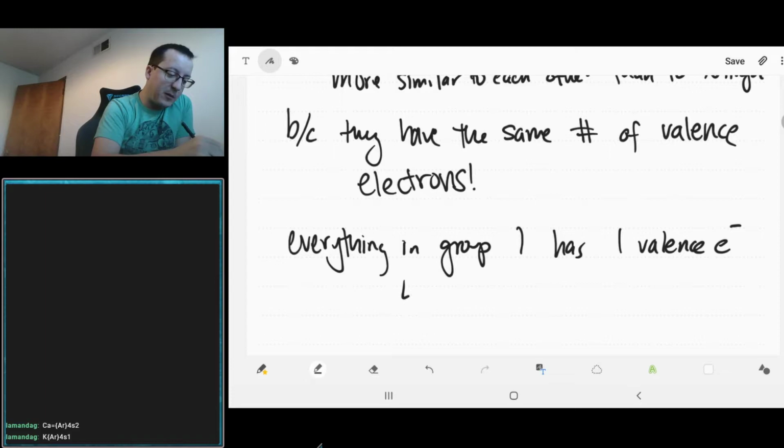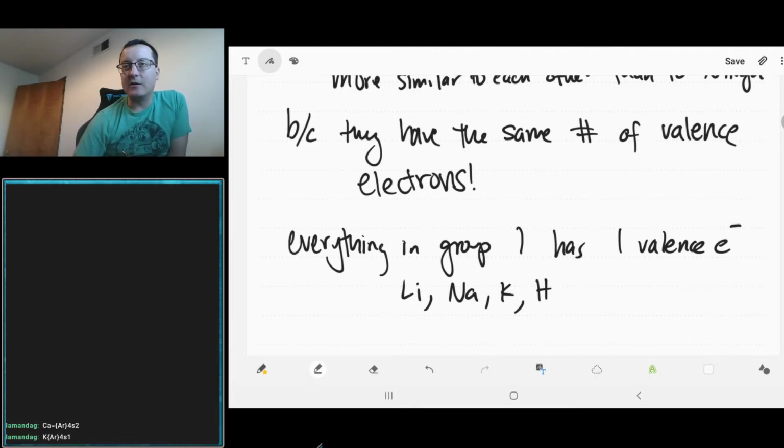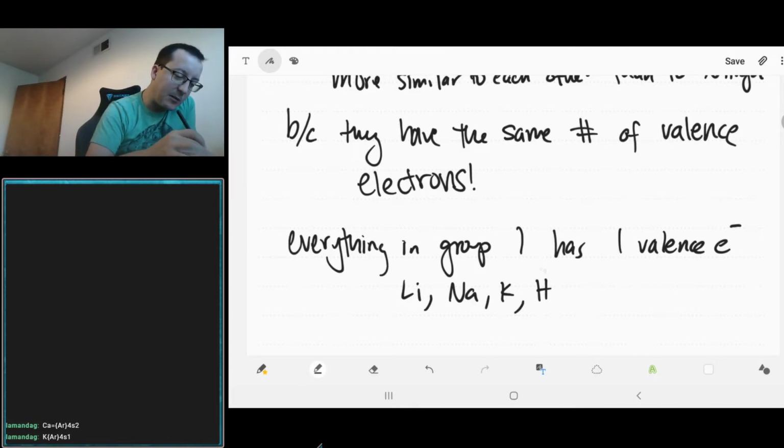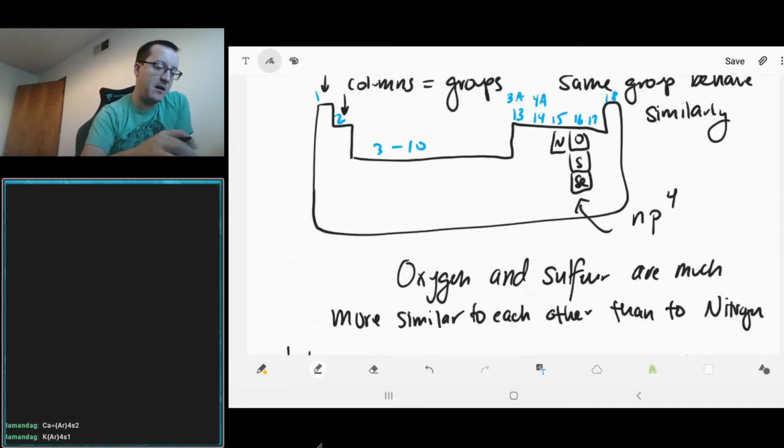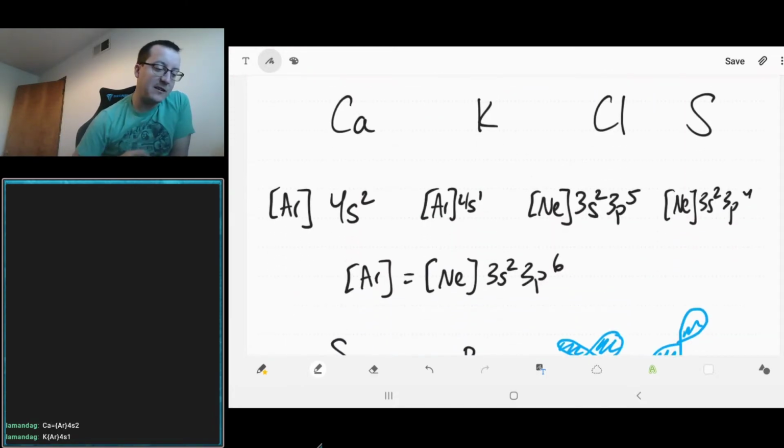Group 1, of course, would be lithium, sodium, potassium, hydrogen, etc. Let's not worry about hydrogen right now. Rubidium, yeah, rubidium's in there. All of these guys will have one valence electron, right? Let's just double check. We see we have potassium there. We scroll back up. We did potassium earlier. We saw that its valence was 4s1. 1 valence electron.